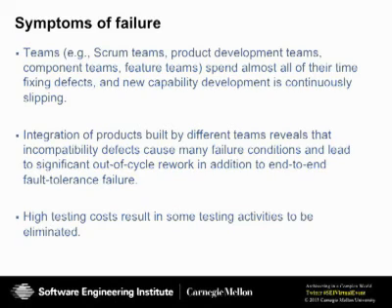The symptoms of failure that I, as a professional working with organizations, observe all relate to not being able to manage the complexity and the scale. Some of these that we work with is, for example, teams, and these could be Scrum teams, product development teams, so I generalize in that context. There's a lot of time spent trying to fix defects and catch up, and then new capability development continuously starts slipping.